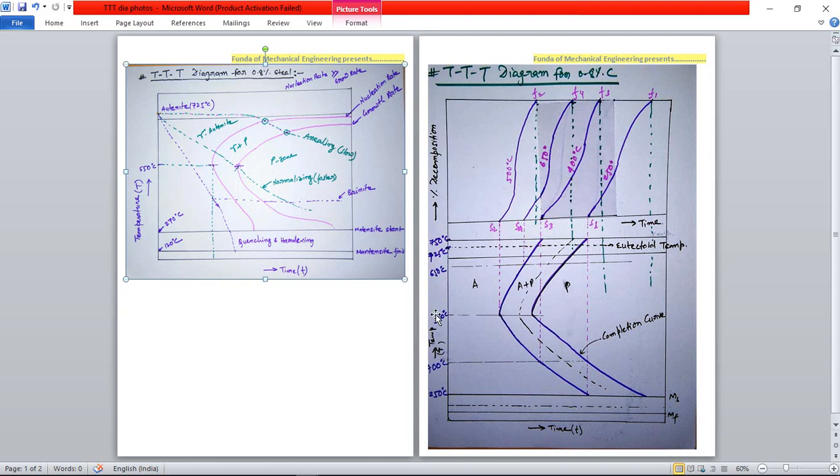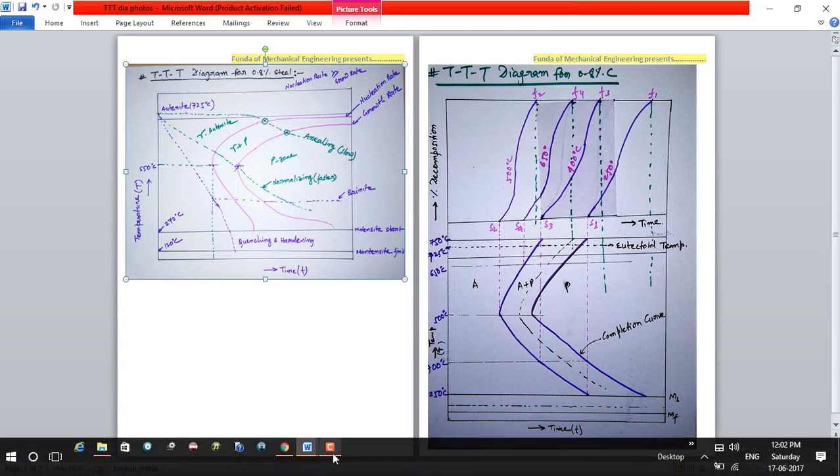So this line represents temperature, this line represents percentage of decomposition, this is the start of decomposition, and this is the finish of decomposition, and this line represents the time. That's why time, temperature, and transformation. Okay, transformation takes place. So time, temperature, and transformation. That's why we call it a TTT diagram.